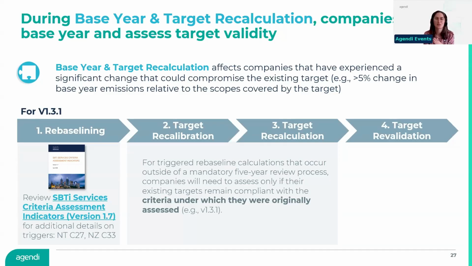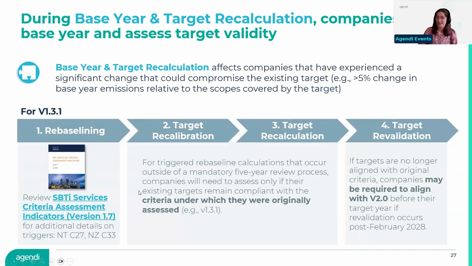So what this means, to be super clear, is if you set targets through V1.3 and you have a rebaseline, you would assess whether it's still valid under V1.3. Then only if it's not, maybe it doesn't meet the coverage requirements or the emission requirements anymore, only then would you be required to submit an updated target.